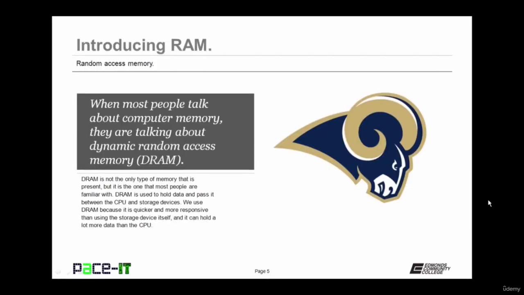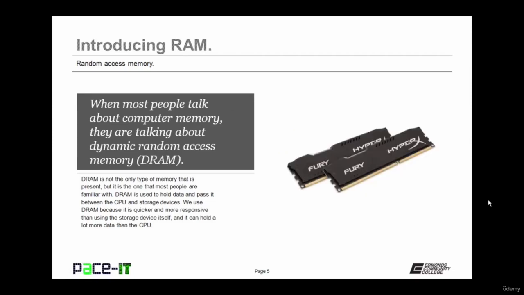When most people talk about computer memory, they're talking about dynamic random access memory, DRAM, not the St. Louis Rams. DRAM is not the only type of memory that is present, but it is the one that most people are familiar with. DRAM is used to hold data and pass it between the CPU and storage devices.